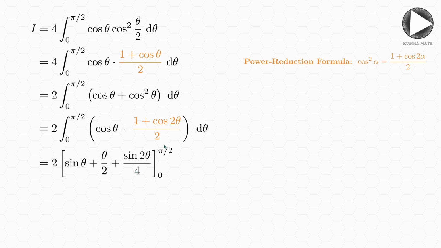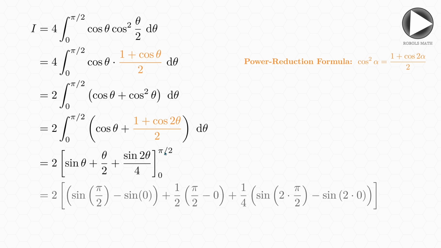We will evaluate this from 0 to pi over 2. So we just evaluate at the limits. The first one becomes sine pi over 2 minus sine 0. This one is pi over 2 minus 0 times 1/2. Then this one is 1/4 times sine pi minus sine of 0.